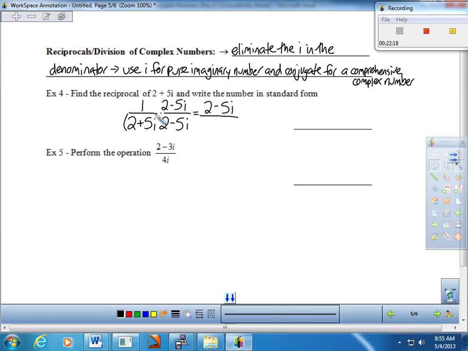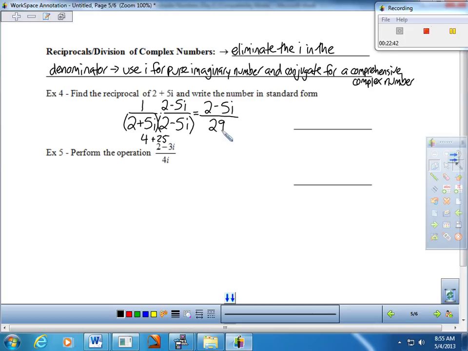If you multiply those together, you would FOIL. What would happen to the outside and inside? They cancel. And so you end up getting 2 times 2, which is 4, and you get negative 25i squared. Negative 25i squared is really just plus 25. And so as a result, you get 29.